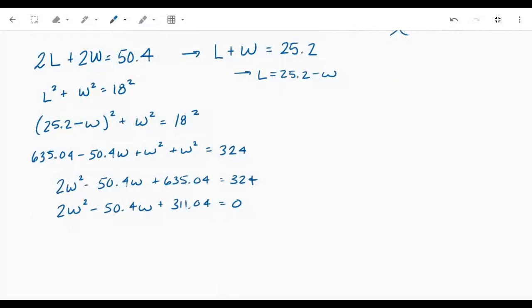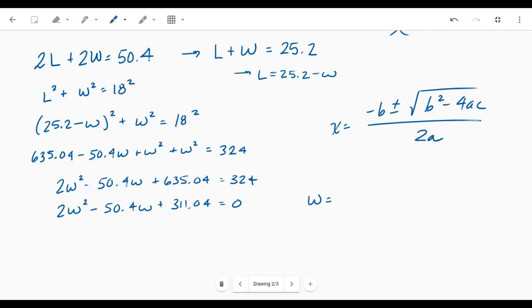We can use the quadratic formula. So W is, here, let's remember, x is the opposite of b plus or minus the square root of b squared minus 4ac all over 2a. We're solving for W as our variable instead of x, okay? So the opposite of b plus or minus the square root of b squared minus 4 times a times c all over 2a.